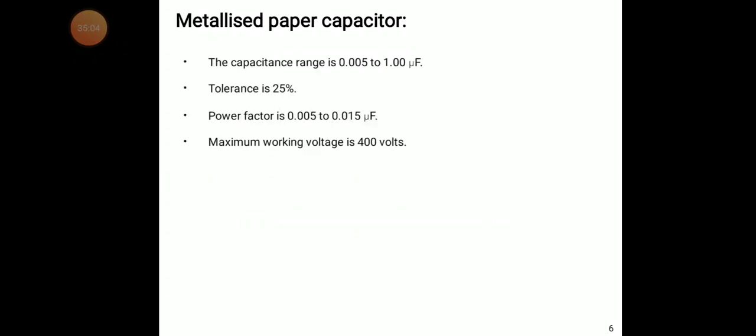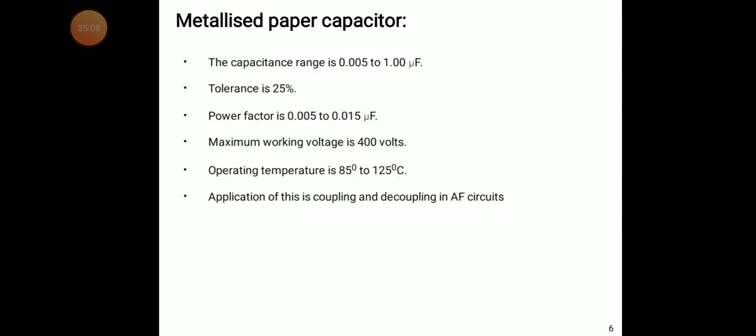Another type of capacitor is the metallized paper capacitor. What properties does it have? The capacitance range is 0.05 to 1 microfarad, which is the available range, and the tolerance is 25%.